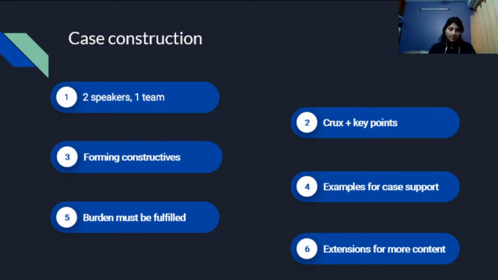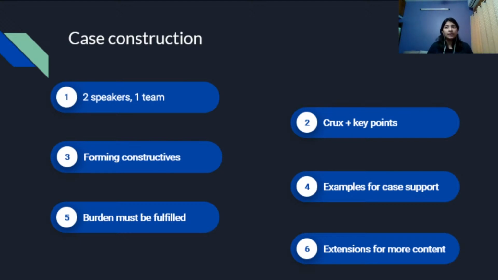So the sixth point is extension. What do I mean by extensions? Many people can define extensions in different ways, but two main ideas of extensions are these. Extensions are used by the closing half, because the closing half comes into the debate a little later. So there are chances that the opening half takes up your points because you come on later in the debate.